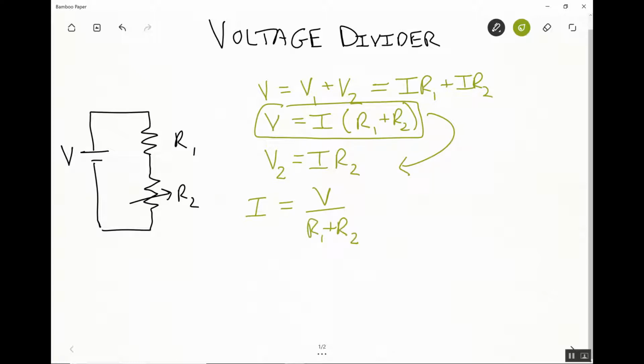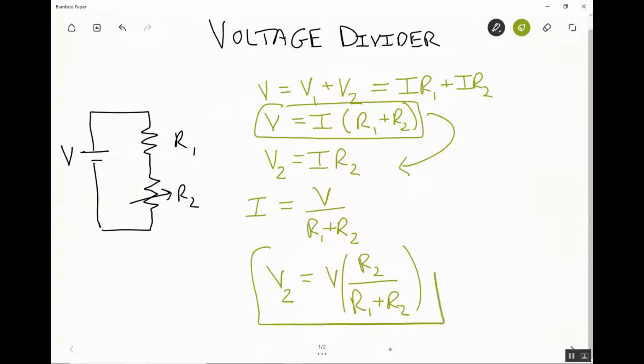And then if we plug that in right there, we get a voltage divider equation, which says the voltage utilized by resistor 2 is going to equal the total voltage supplied to the circuit times R2 divided by (R1 plus R2). Put that in parentheses to make it more clear. All right. So again, all I'm doing is just substituting this in for I up here.